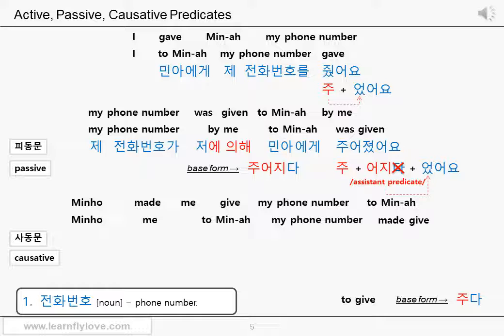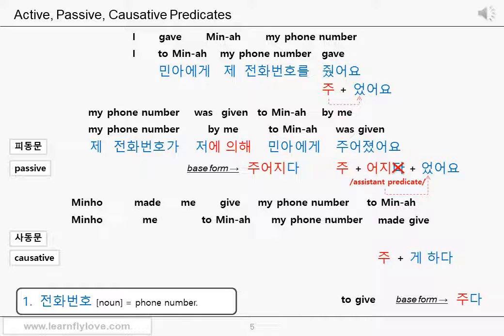Let's take a look at the predicative part first. Made give. We want to make a Korean causative verb, which means someone makes you give something with the base form 주다. Interestingly, you don't use any affix this time either. In order to turn the verb 주다 into the causative form, you should use the assistant verb 게 하다.